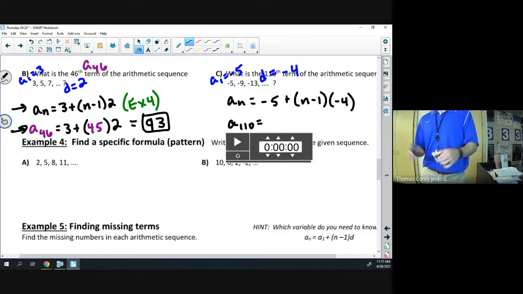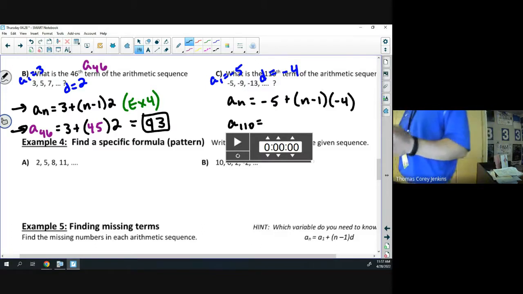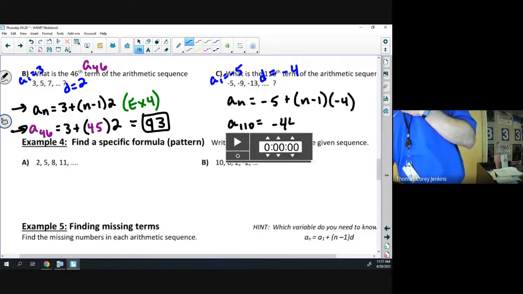All right, so our general rule would be -5 plus, whatever minus 1 times -4. So if you use that, can you tell me what a sub 110 is equal to? That'd be correct. -441. Anybody want to see that worked out?